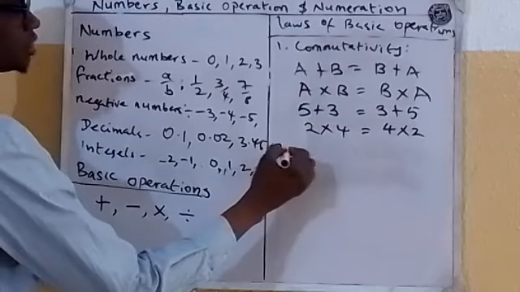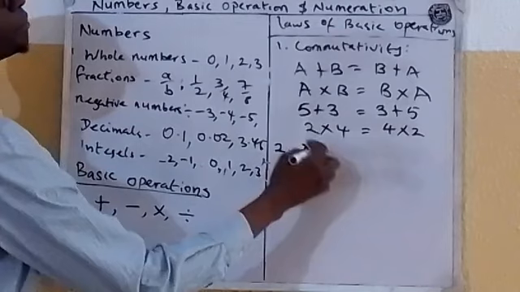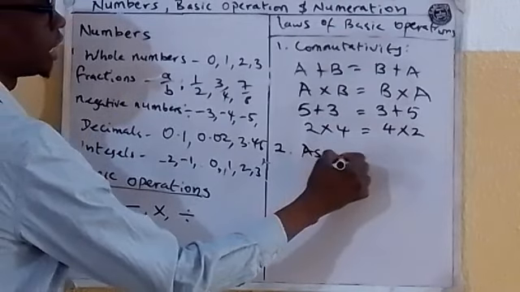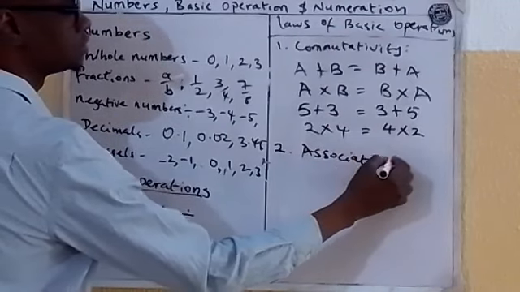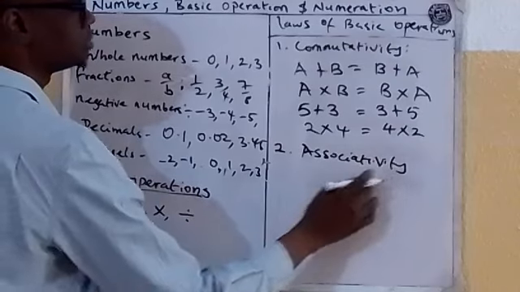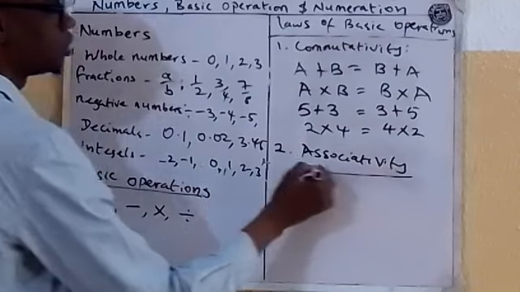Associativity is the next law for mathematical operations. What does that mean?